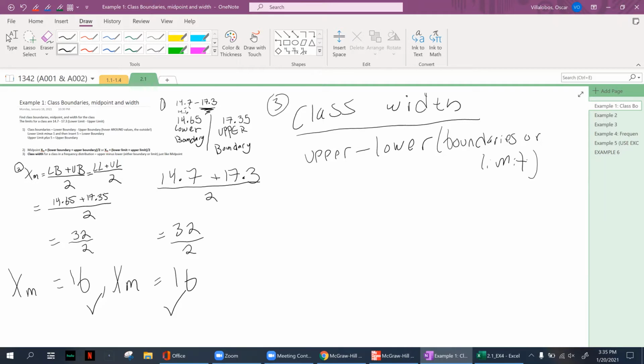We did work with the boundaries, so let's go ahead and use that. So it's going to be my largest value minus my lowest value. And 17.35 minus 14.65 gives me 2.7. And there we are. That's how you find class width.